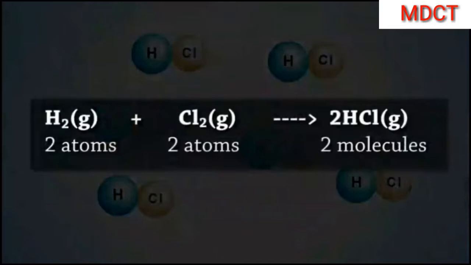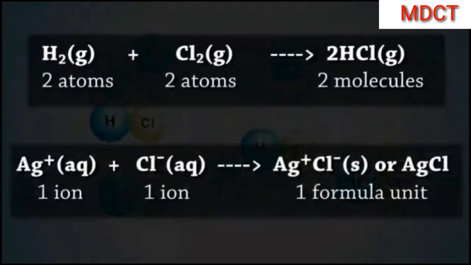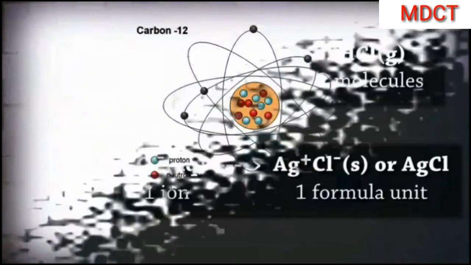H2 gas, 2 atoms, plus Cl2 gas, 2 atoms, gives twice HCl gas, 2 molecules. Ag+ aqueous, 1 ion, plus Cl- aqueous, 1 ion, gives Ag+Cl- solid, or AgCl, 1 formula unit.